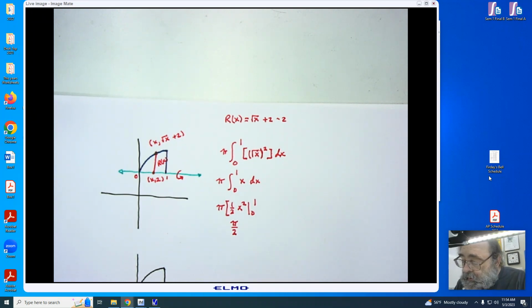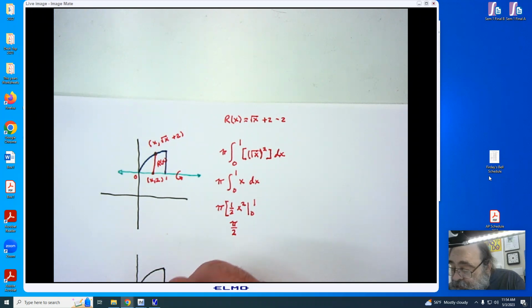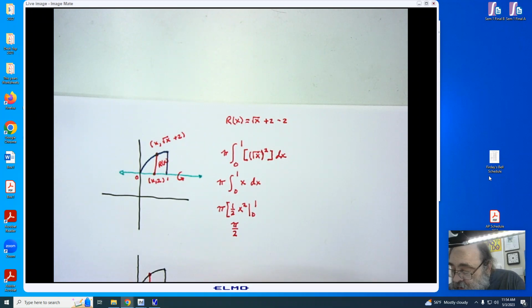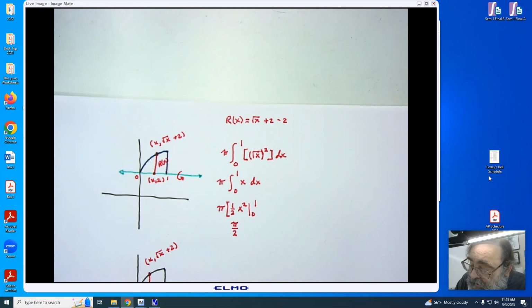We're now going to make our segments from the axis of rotation up to the curve farthest, and from the axis of rotation up to the curve that's closest. This point right here is x comma square root of x plus 2. This was x comma 2, but we're looking at x comma negative 1.